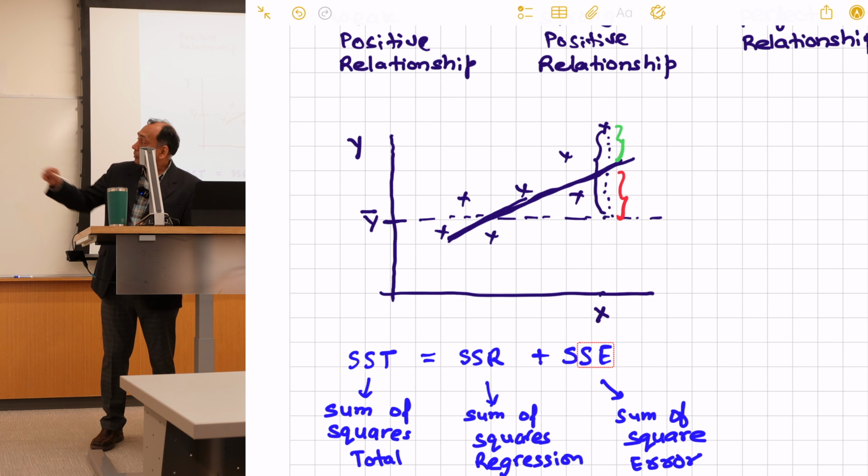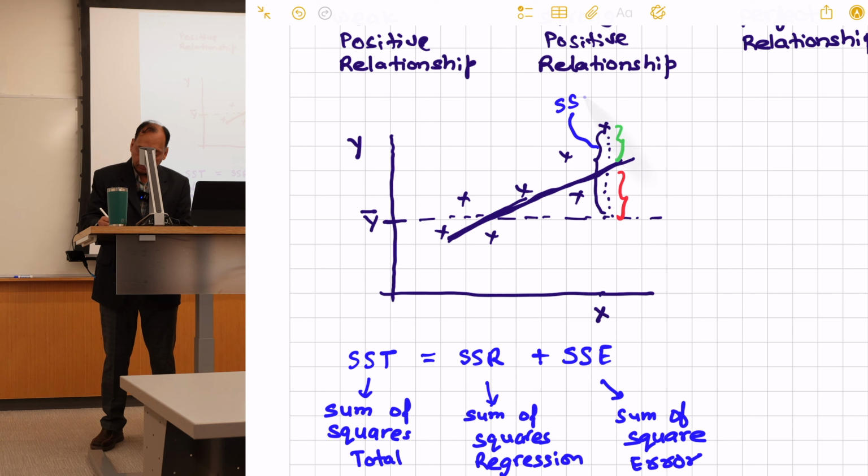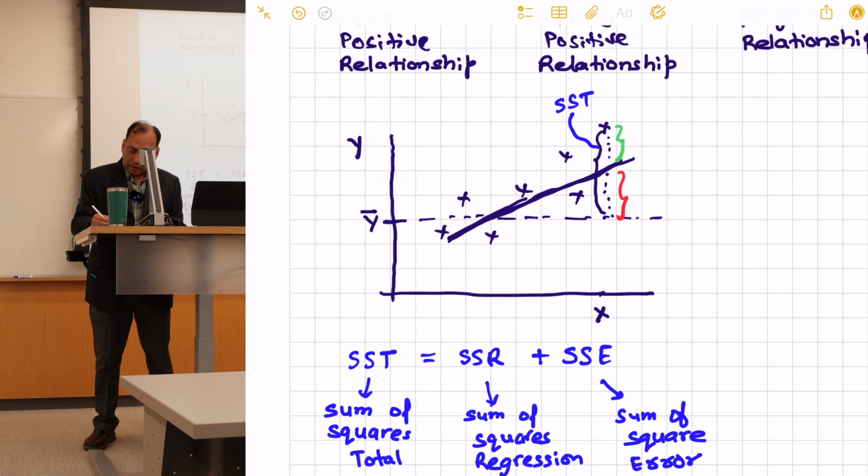How far each data point varies from y bar, so that captures actually SST, total variability. How far this red one, so how far that y bar is from the line, so that captures SSR, and this one is SSE.